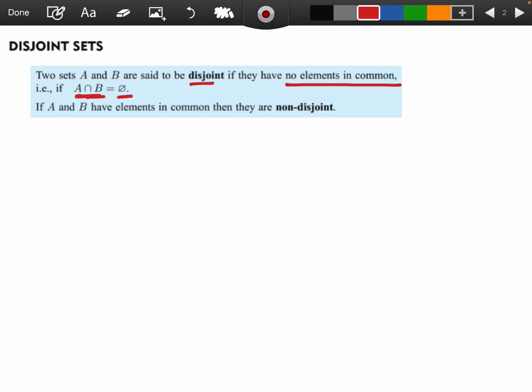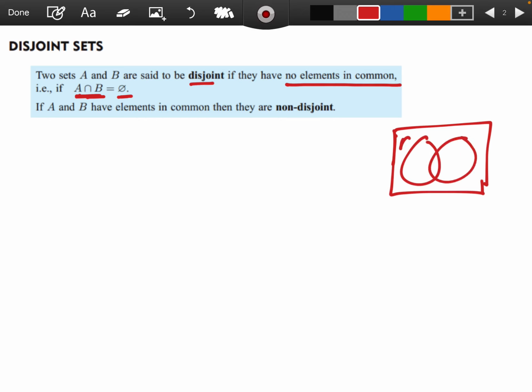If you had a Venn diagram of A and B, and you entered all of the data and ended up with nothing in the middle, no overlapping, the intersection is an empty set, and they are considered disjoint. If they do have elements in common, they are non-disjoint, just the opposite. So disjoint means that two sets have no common elements.